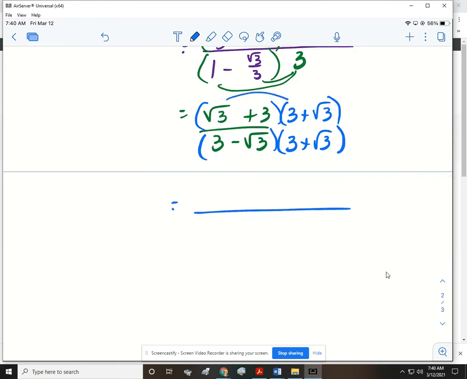All right, so in the numerator, we distribute all of that. And distribute the square root of 3. In the denominator, I can do a shortcut.